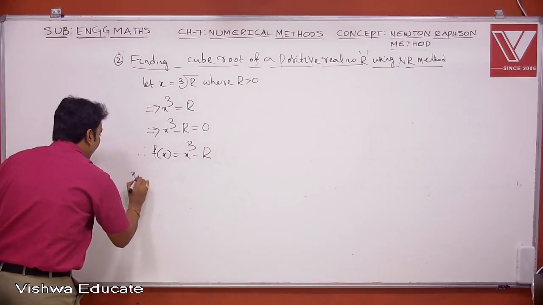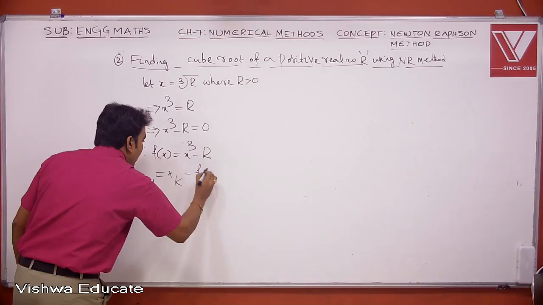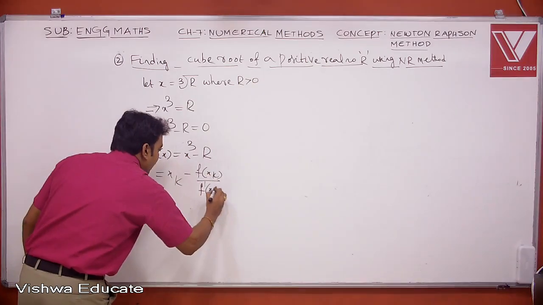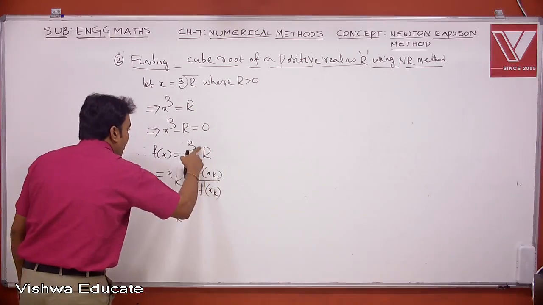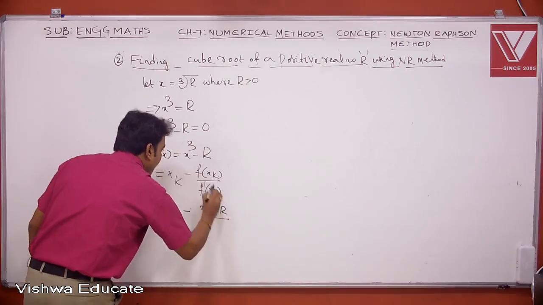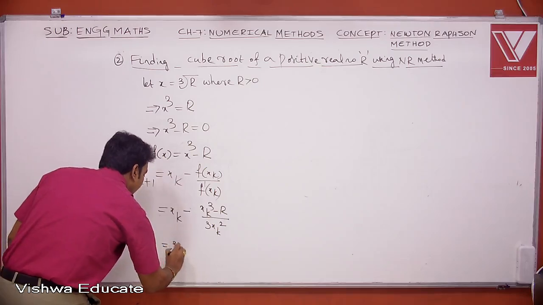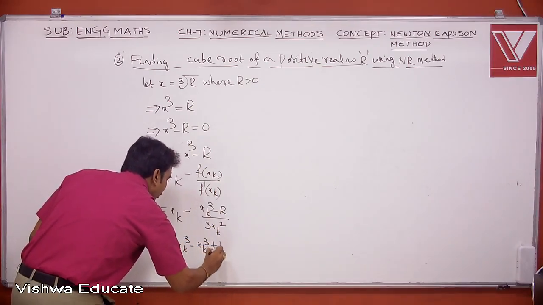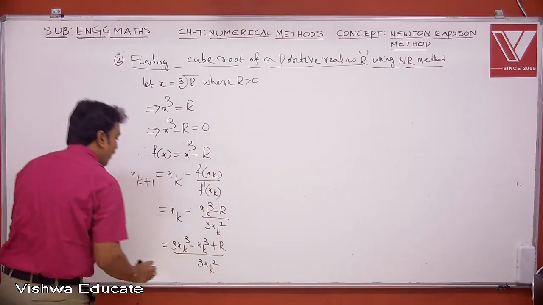So therefore, the value of root in k plus 1 iteration using NR method is xk plus 1 equal to xk minus f of xk divided by f dash of xk. This is xk minus f of xk equal to xk cube minus r divided by 3 into xk square. So this is 3 into xk cube minus xk cube plus r divided by 3 into xk square.